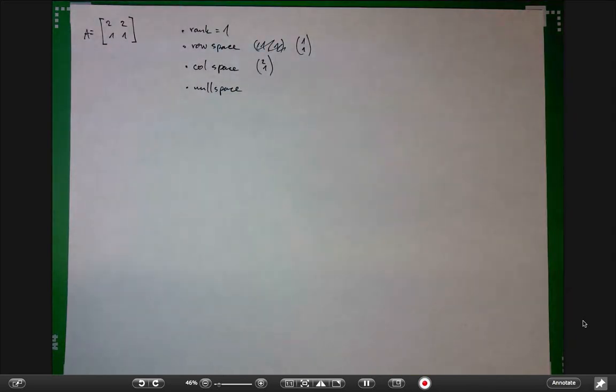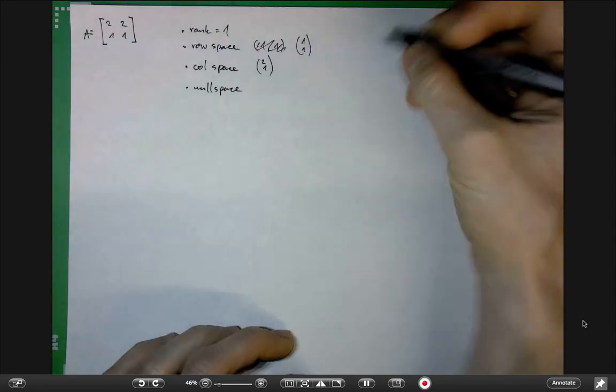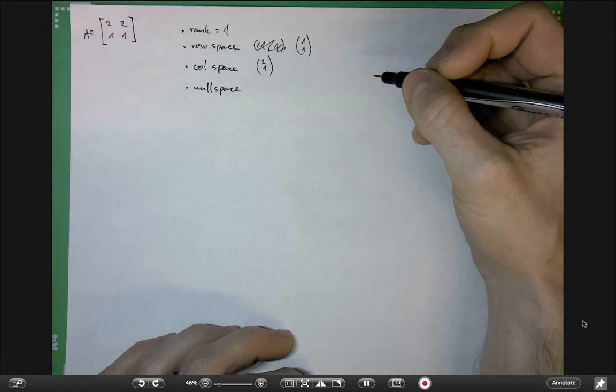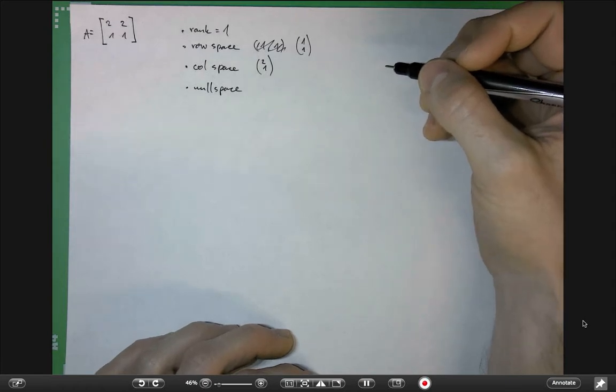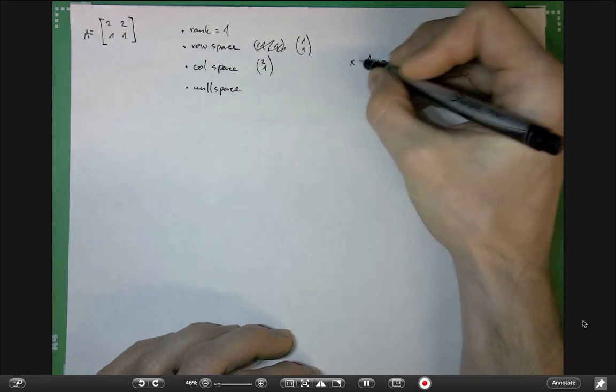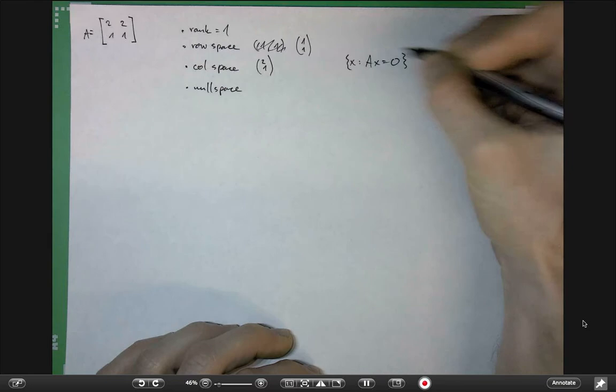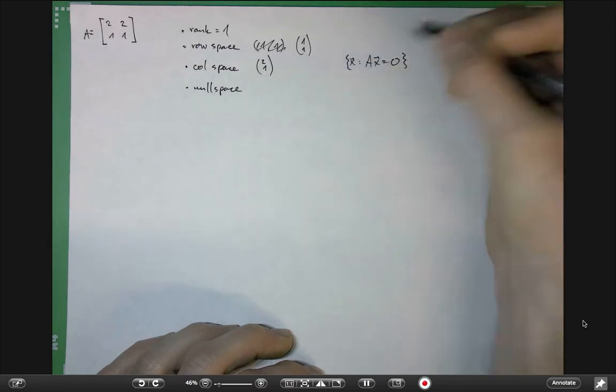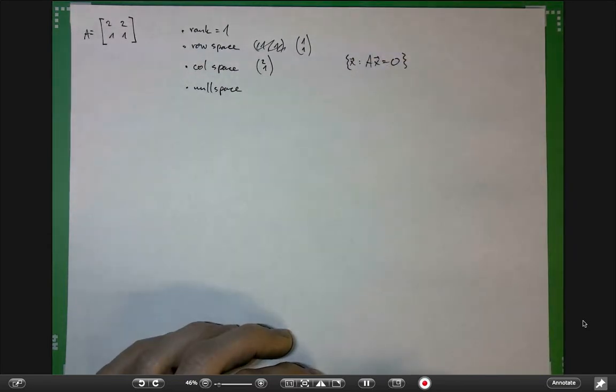What is the basis for the null space? 1, -2. So that would be the left one. I'm asking for the right one, which is all the x's such that Ax is 0. So give me one x like that. 1, -1, yes.